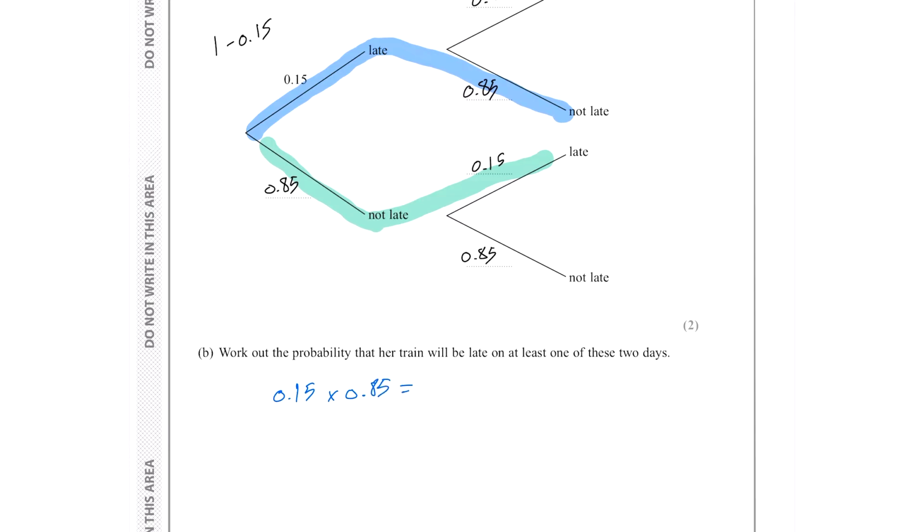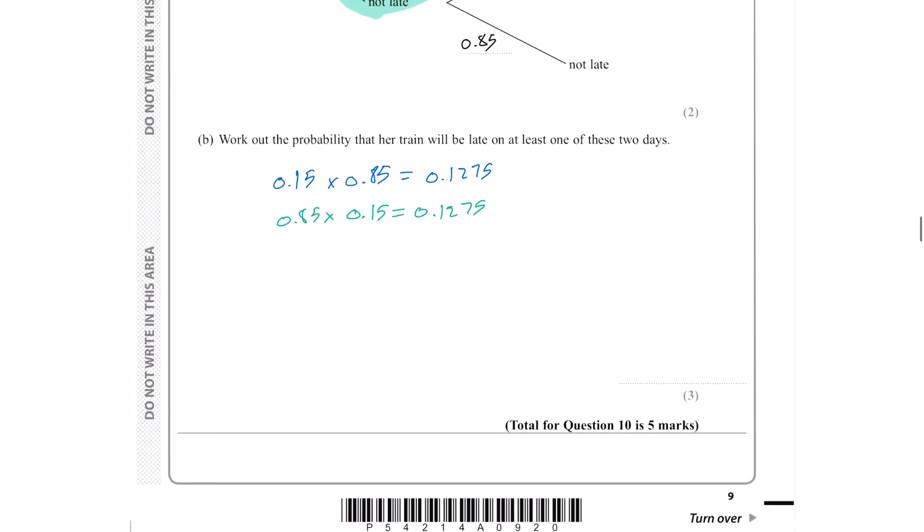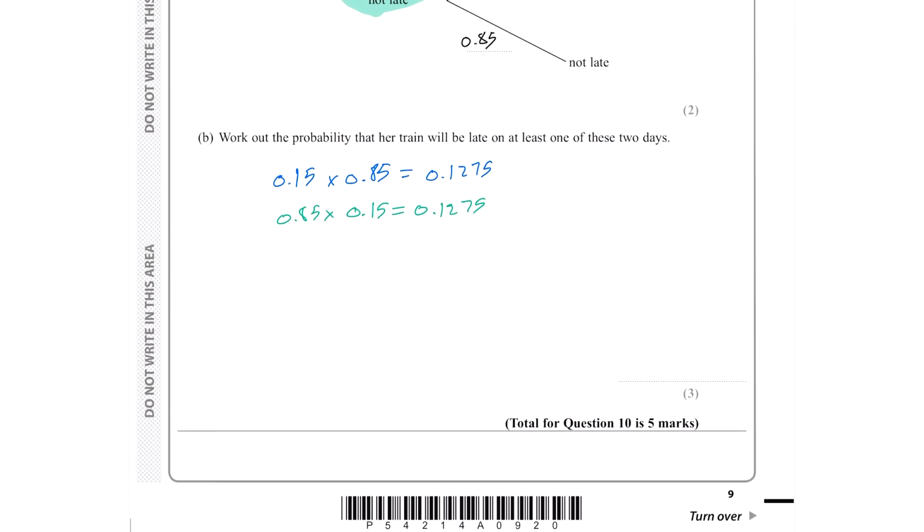So that's the probability of being late and then not late. And if you look at the green line, that's 0.85 times 0.15. And they both are going to be equal to the same. And then you just add the two together. So you add them two together and you end up with 0.255. If I just write that in the box, 0.255.